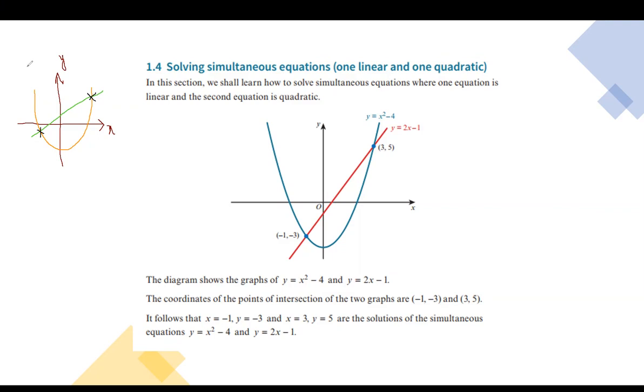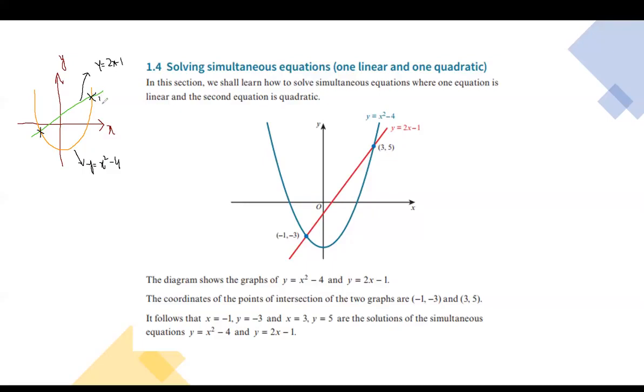The graph is basically this. The curve is y equals x squared minus 4, and the equation of the line is y equals 2x minus 1.